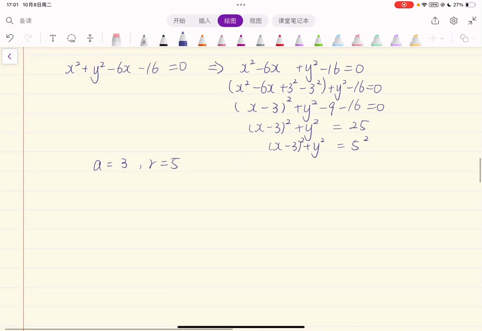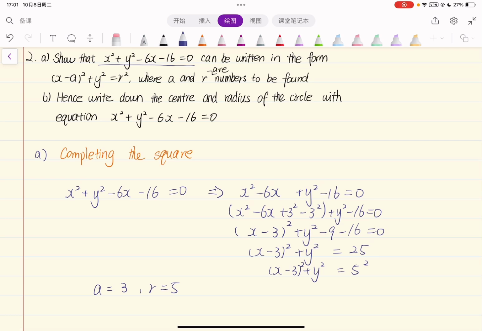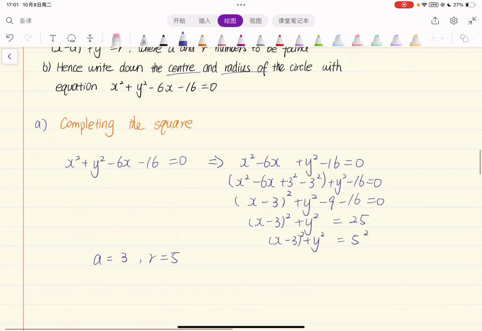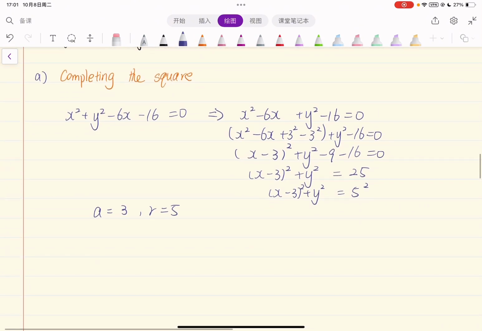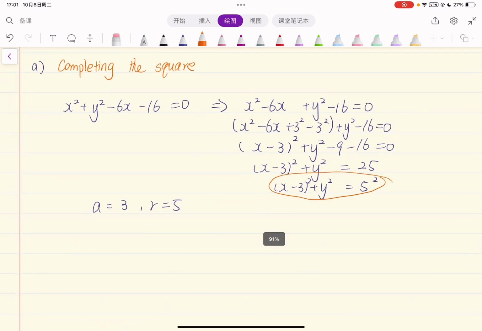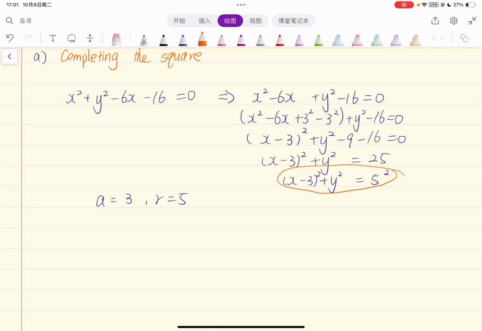Now let's move on to see the part B question. It asks you to write down the center and the radius of the circle with this equation. We have done the completing the square of this long expression. That is x minus 3 squared plus y squared equals 5 squared. Now let us see. We know that for the circle has a center a, b and the radius r, the equation of circle is x minus a squared plus y minus b squared equals r squared.